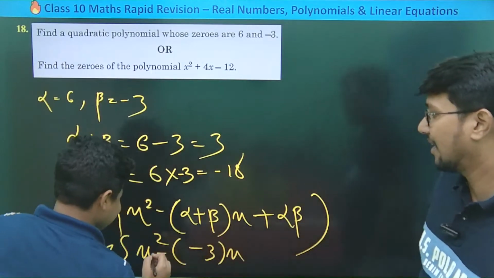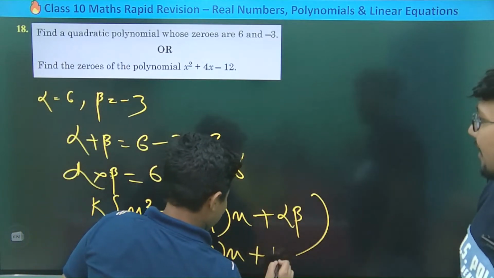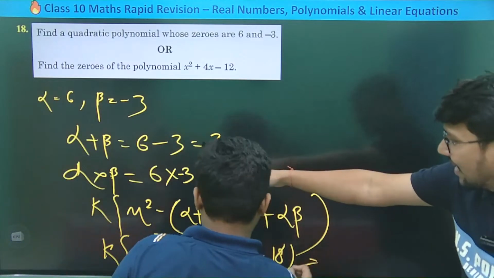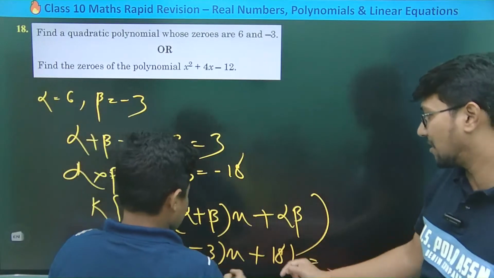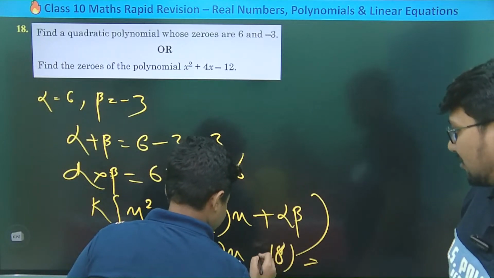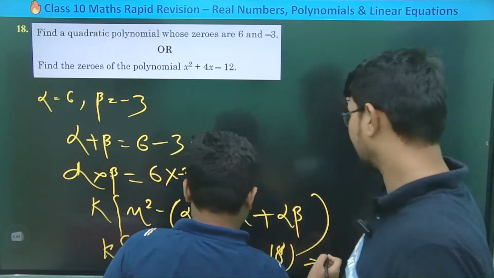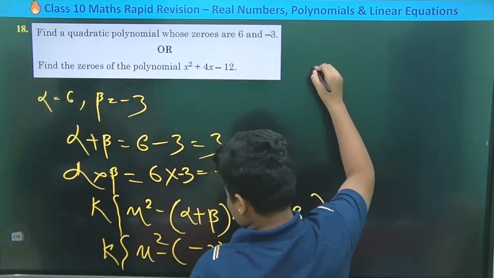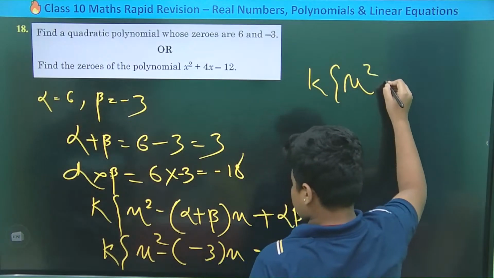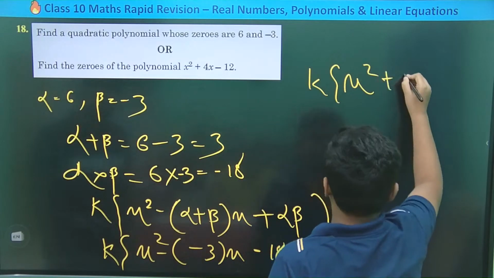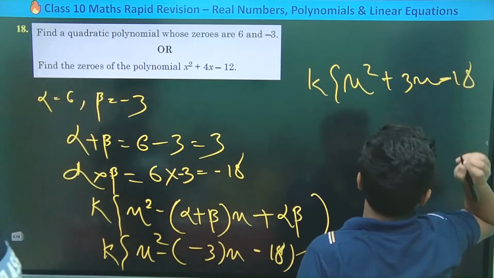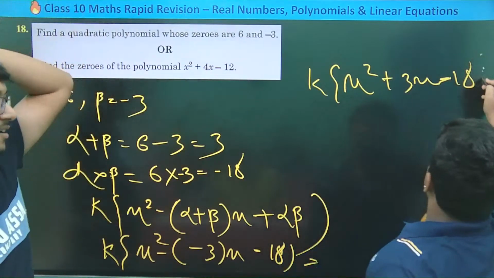This is -18. Why did you write +18? Okay, no problem. Write it up here: k into x square plus 3x minus 18. Close the bracket.